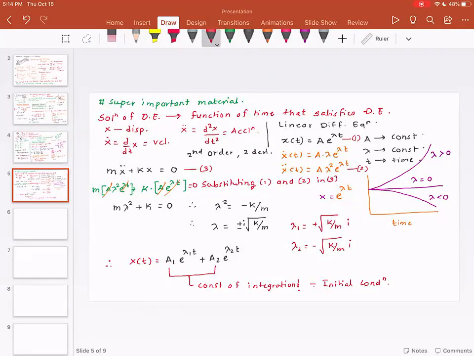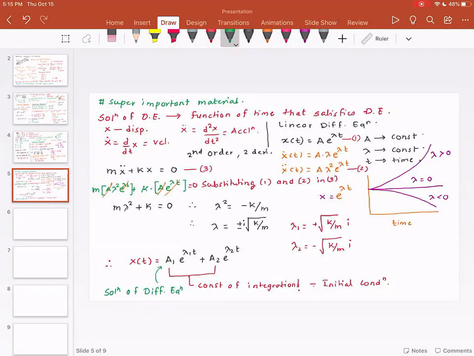Okay, so this a1 e to the lambda 1 t plus a2 e to the lambda 2 t is the solution of the differential equation. This is nothing but the solution of the differential equation.